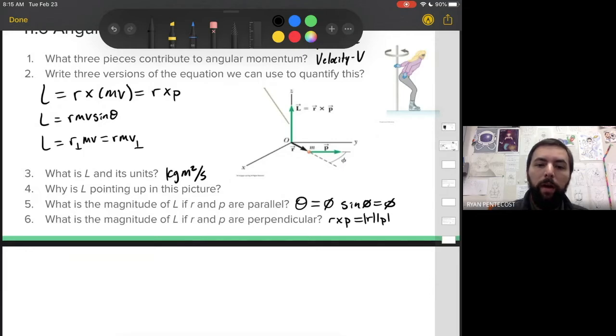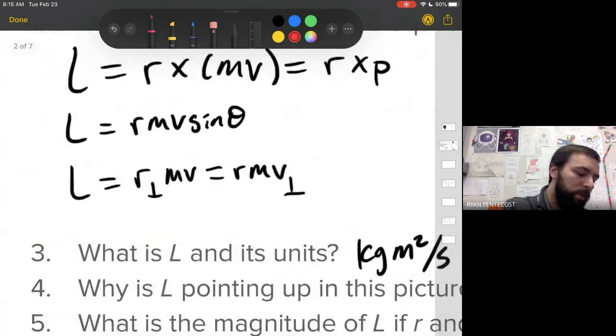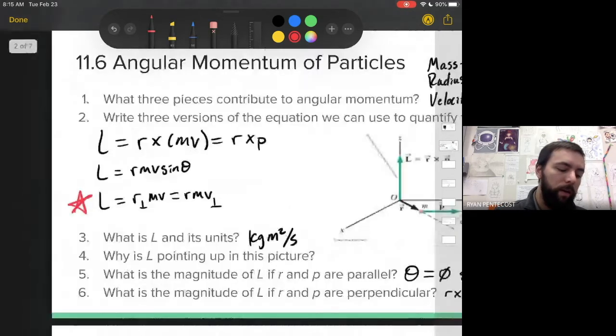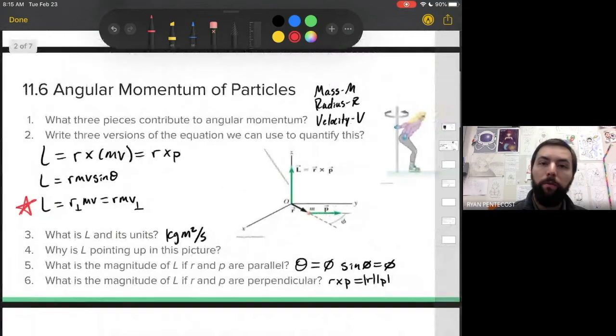So if they are actually perpendicular, then it's going to make your math a little bit easier. And we're actually going to use that trick right here. If the radius and the velocity vector are perpendicular relative to the rotation, relative to your origin, we'll talk about that a little bit later, then you can simply multiply that through.